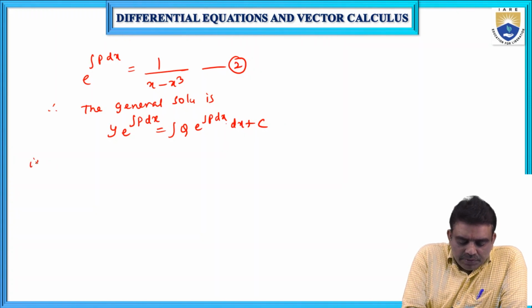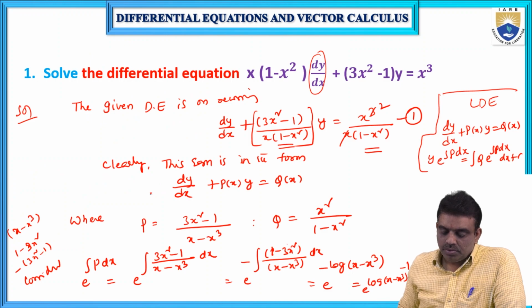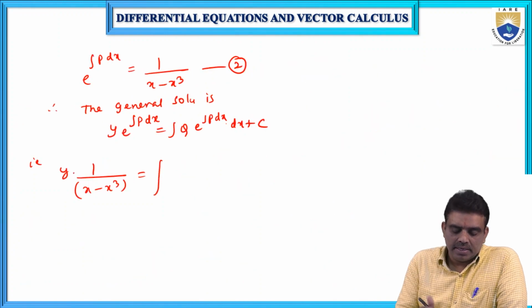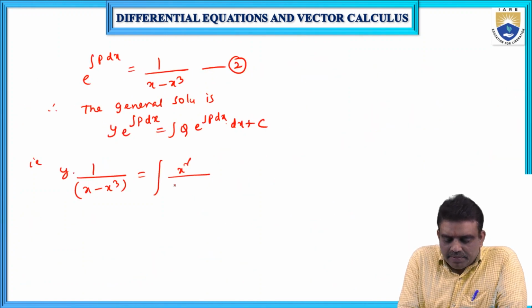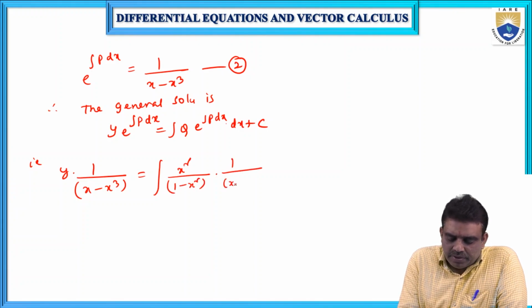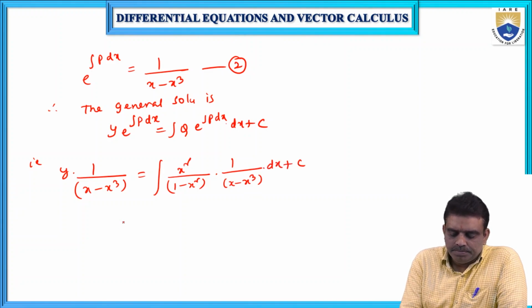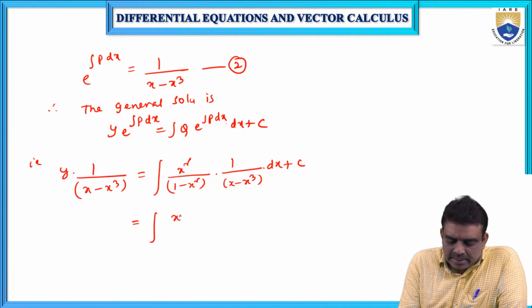That is ∫ x^2/(x(1 - x^2)...), so taking x outside, you will get 1 - x^2.